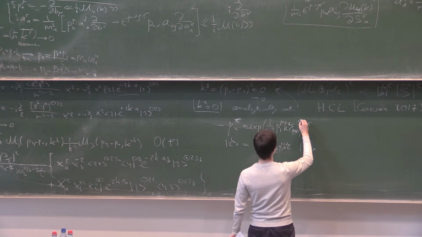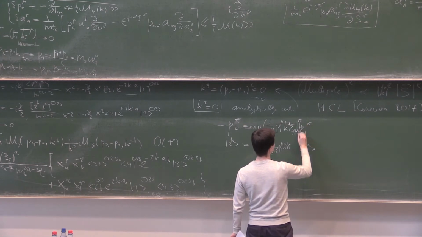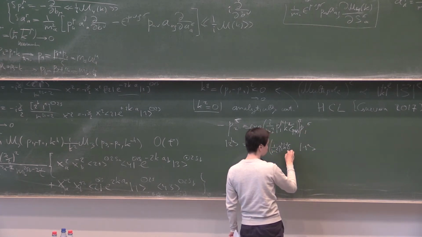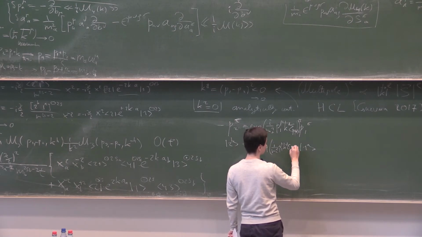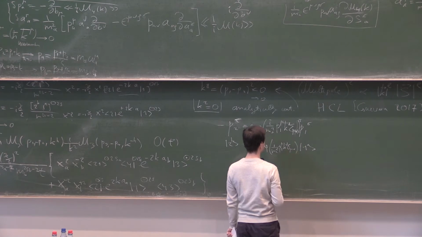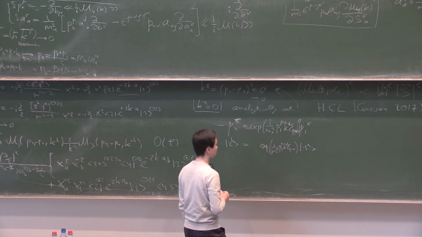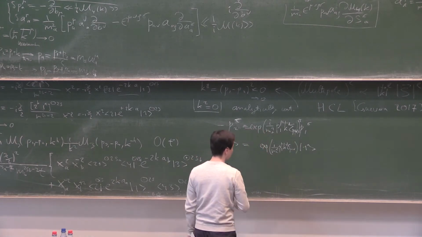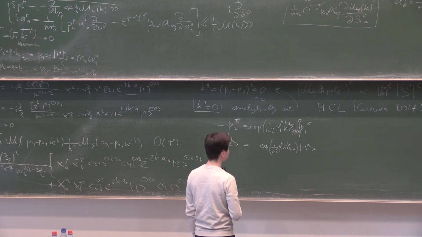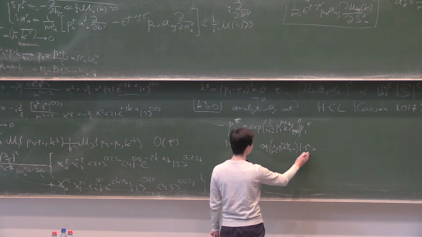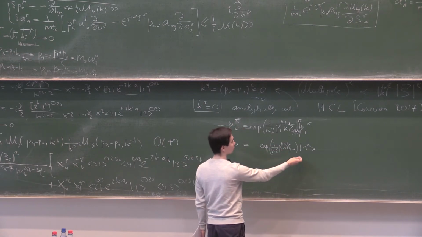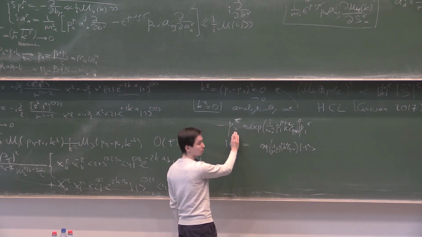I forgot to contract tau and sigma here. And OK, this converts me to something with momentum corresponding to momentum 2.